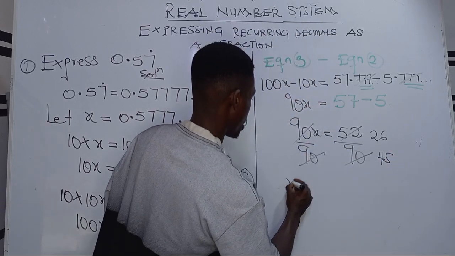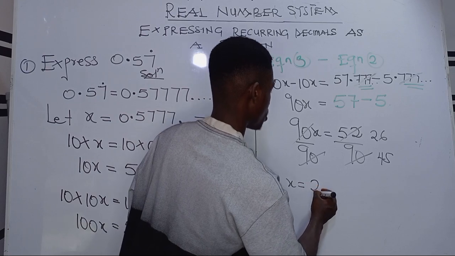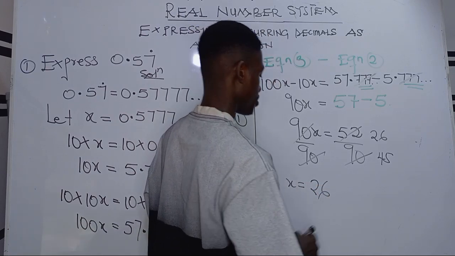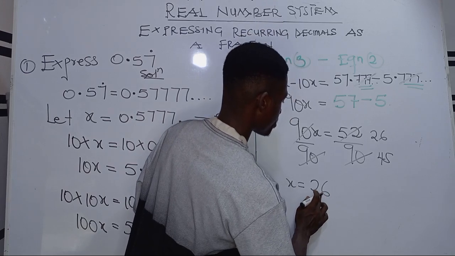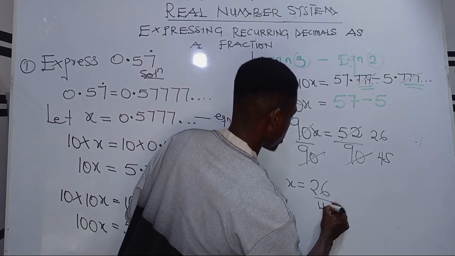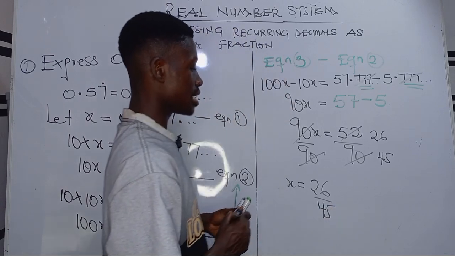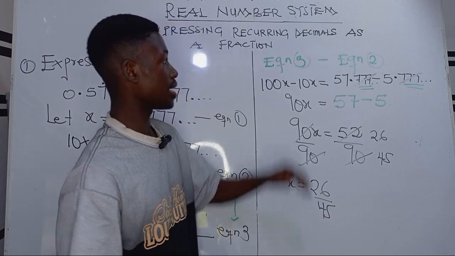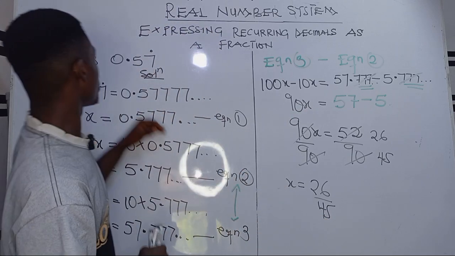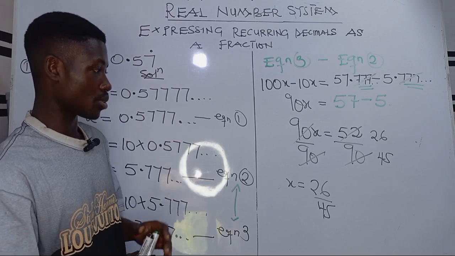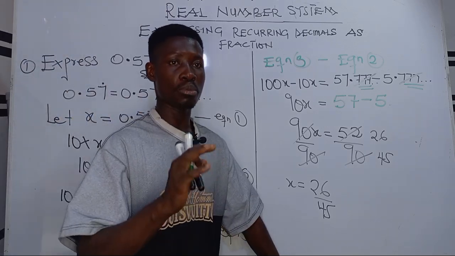So you can see our x is equal to 26 over 45. Very, very easy. You can punch 26 over 45 on the calculator, and it is going to give you 0.57777 in that order.